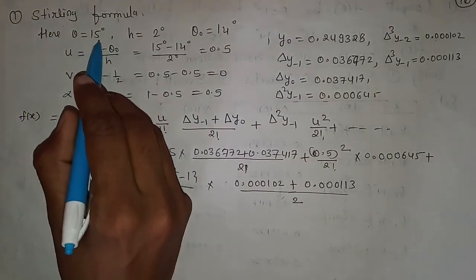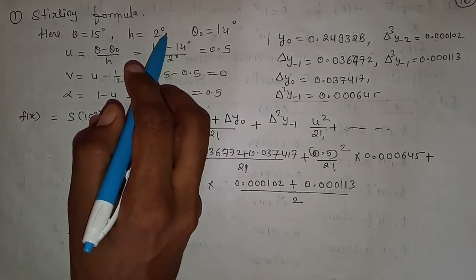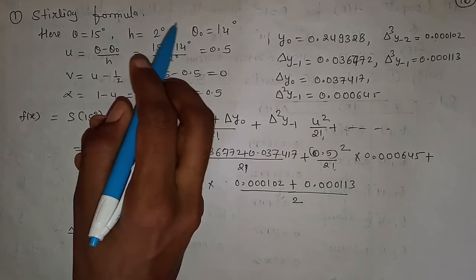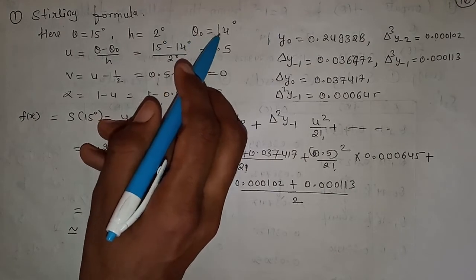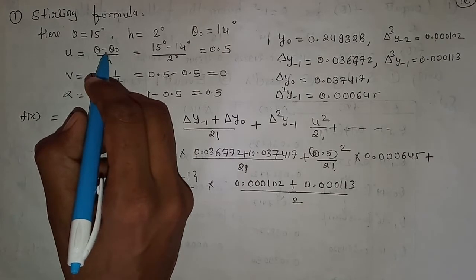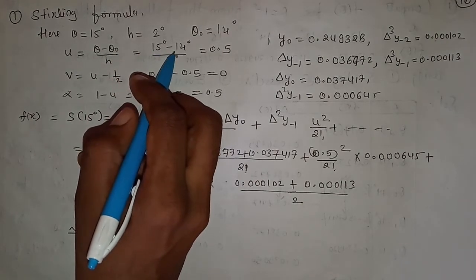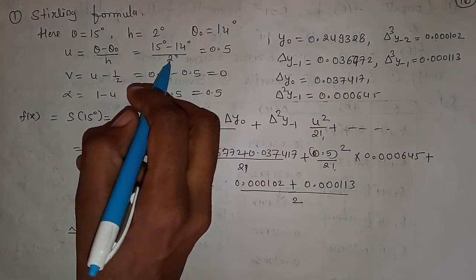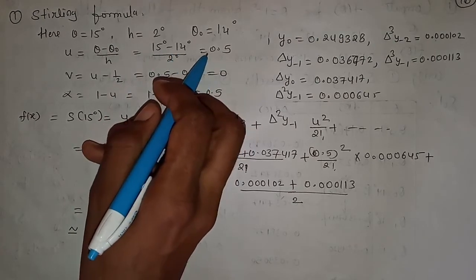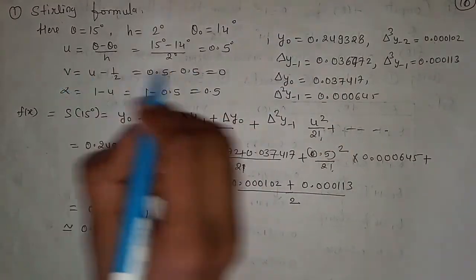Here theta is equal to 15 degrees, h is equal to 2 degrees, since there is a difference of 2 between every two numbers, and theta naught is equal to 14 degrees. So first of all we have to calculate u. u is theta minus theta naught divided by h. Theta is 15, theta naught is 14, divided by 2, that is 1 upon 2, which is 0.5.